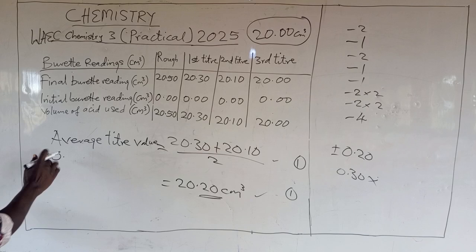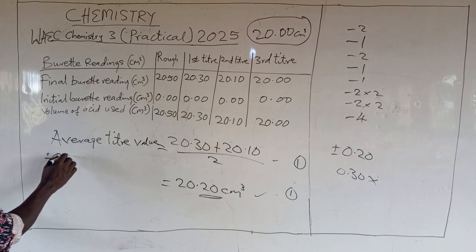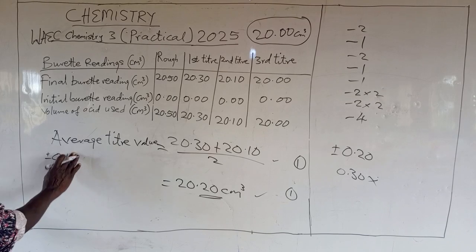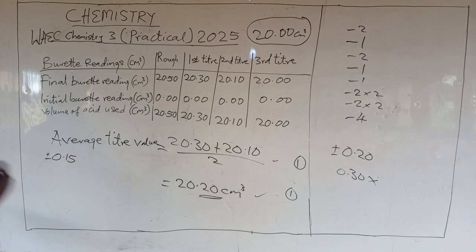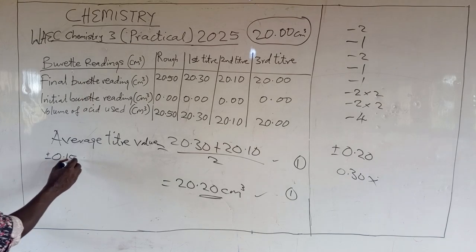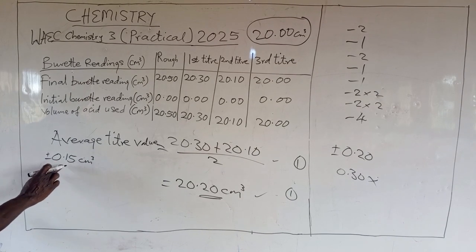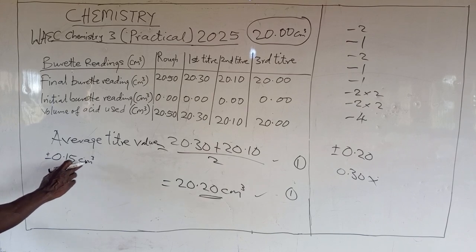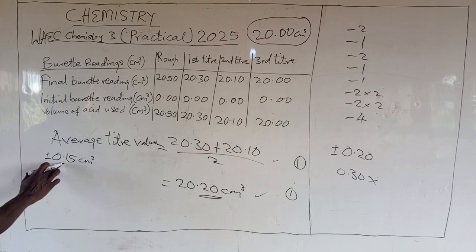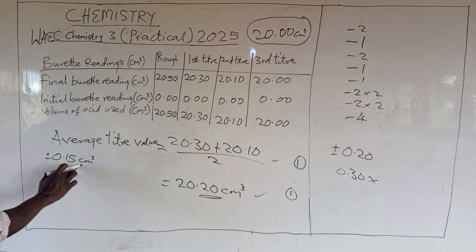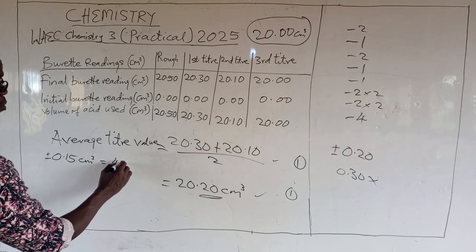So if you have 0.10 or 0.15 cm3, plus or minus 0.15 cm3, that's either 0.10 or 0.15 cm3, you will get a total of 4 marks.